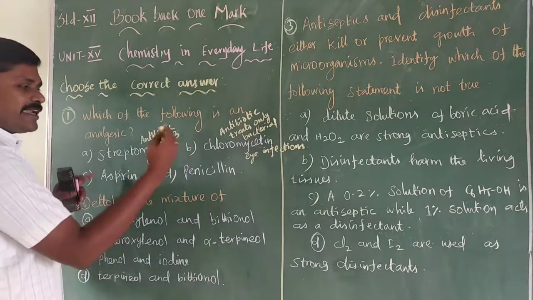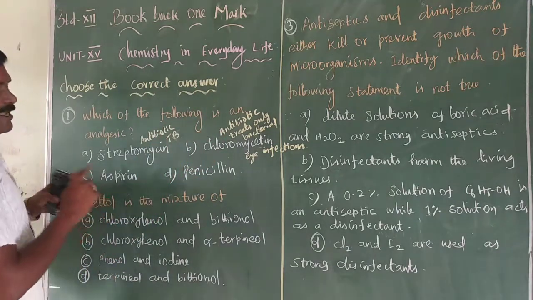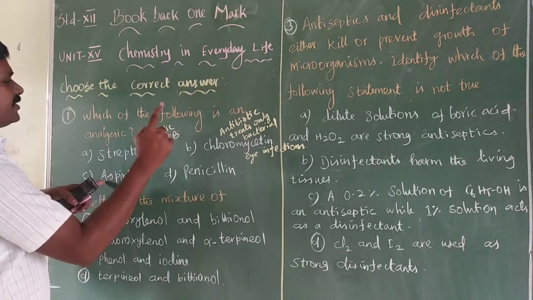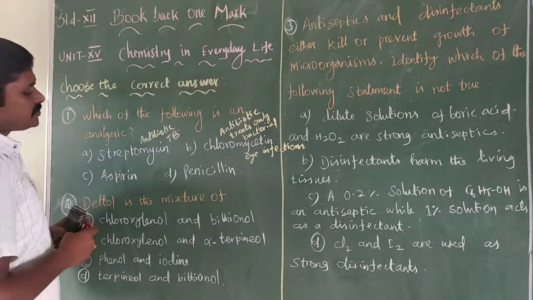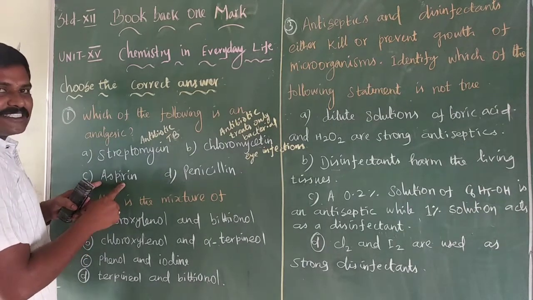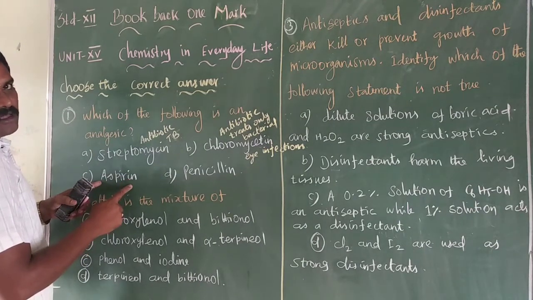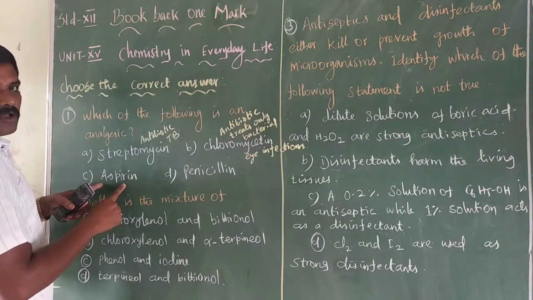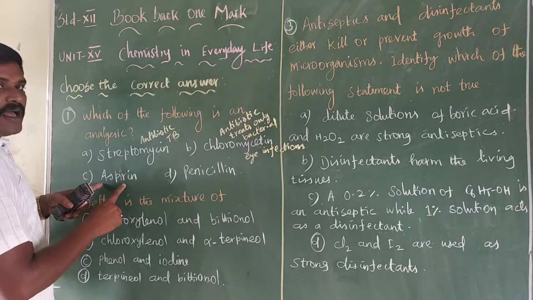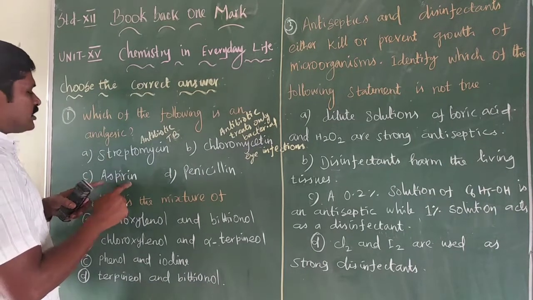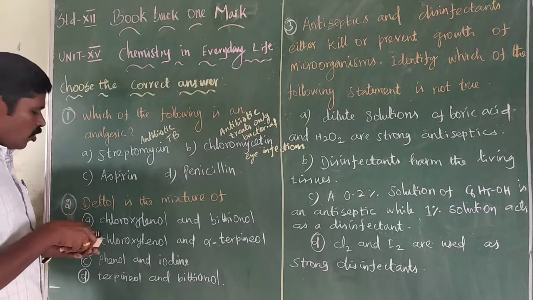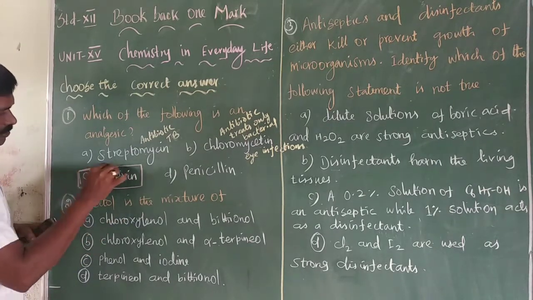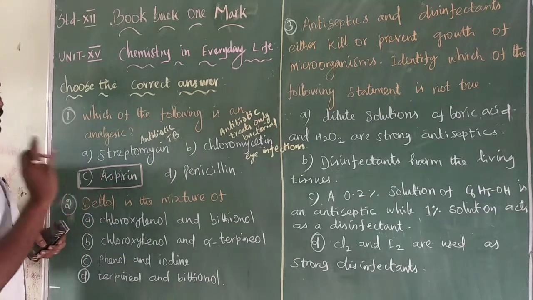So B is also not the answer. Aspirin is a non-narcotic analgesic. Aspirin is acetyl salicylic acid. Right? It is used as a non-narcotic analgesic. So option C is the correct answer.